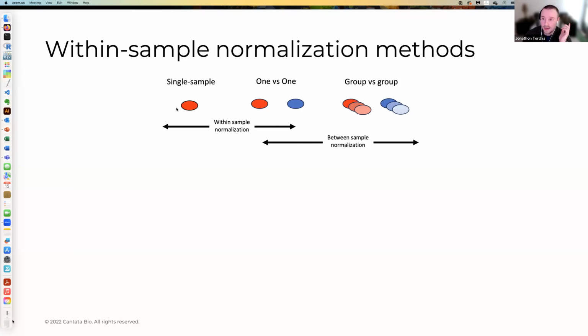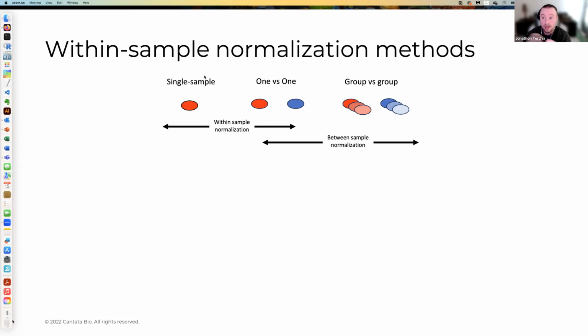Historically, Hi-C data or Hi-C-like data has been done in a single-sample way, mainly because it was so expensive when it first came out and so complex to analyze. A lot of the methods you see in the literature focus on a single sample: how do you normalize the data within a single sample?